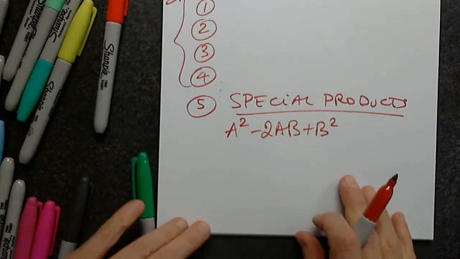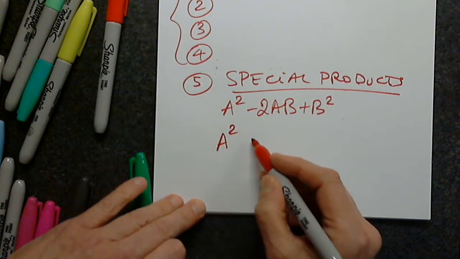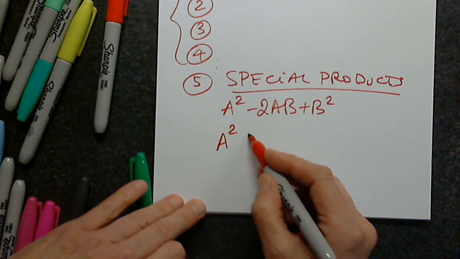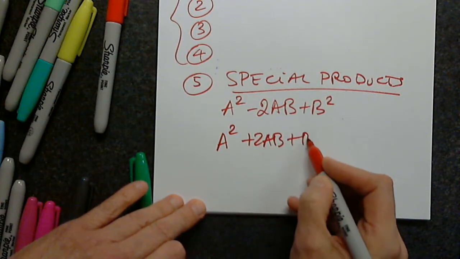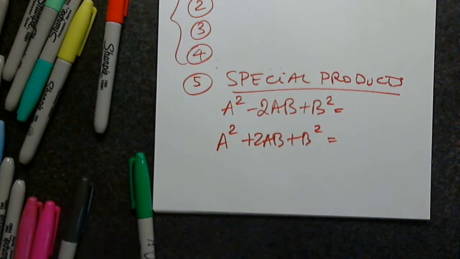And what do you think the other option would be? Plus. Okay, what do these equal to? Like if we factor it out.